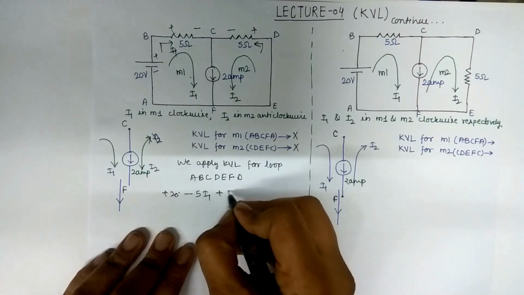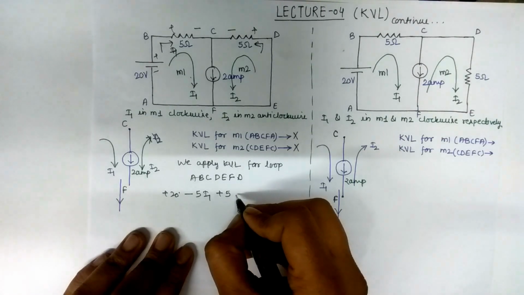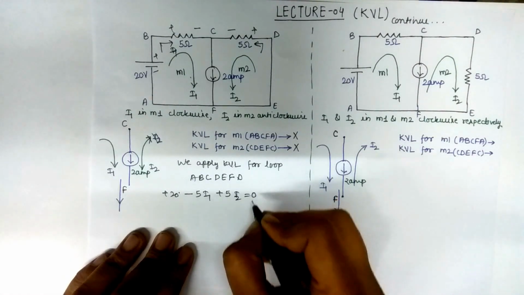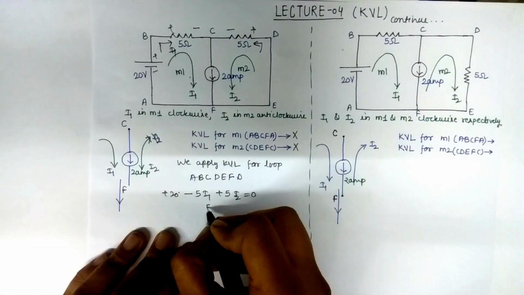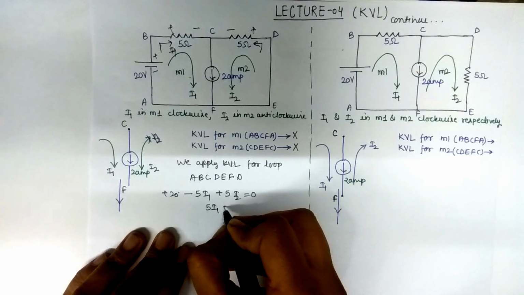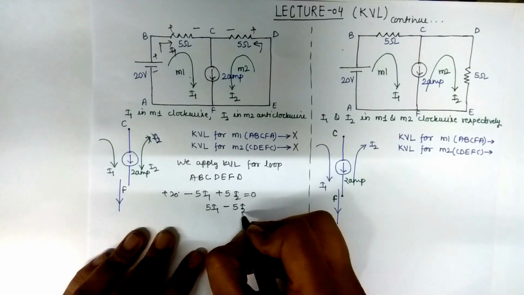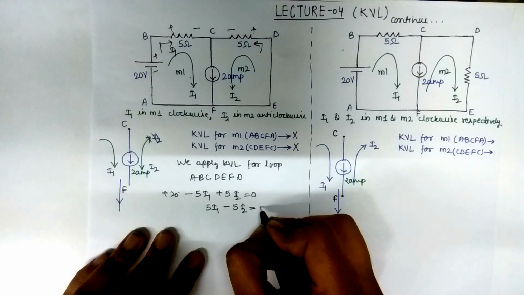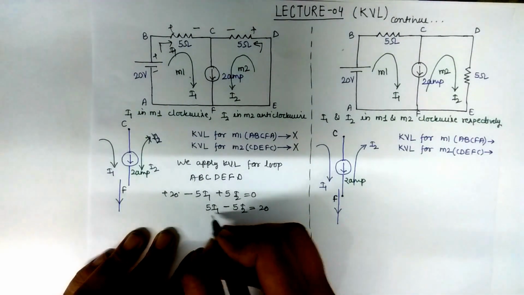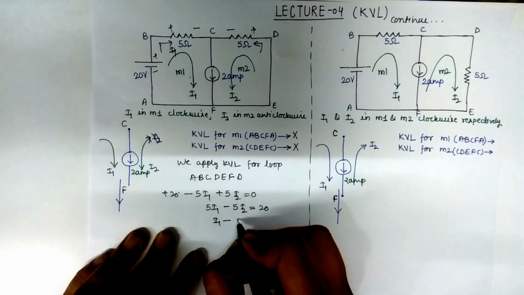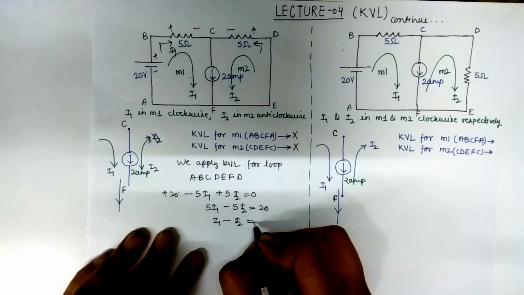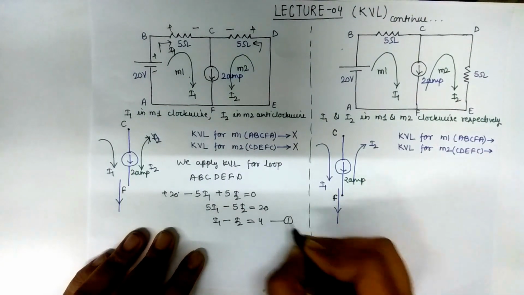Here plus of 5 I2 is equal to 0. We solve this. It would be 5 I1 minus 5 I2 is equal to 20. So it would be I1 minus I2 is equal to 4. This is equation number 1.